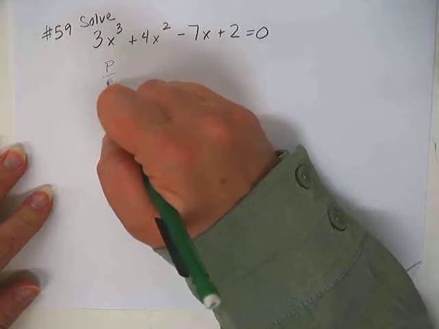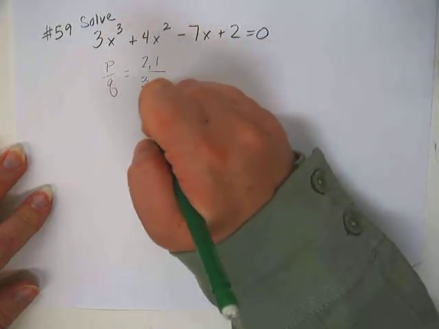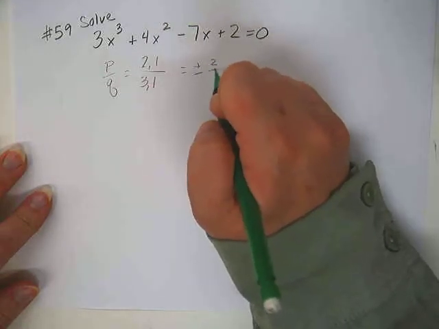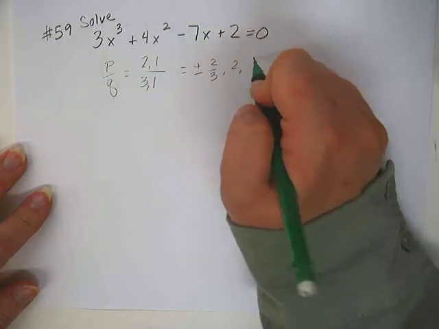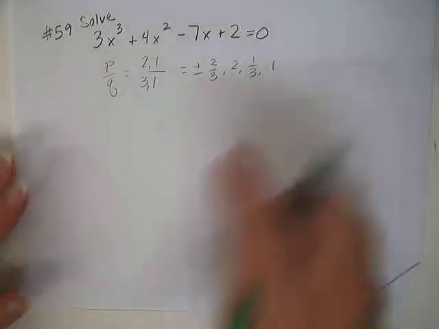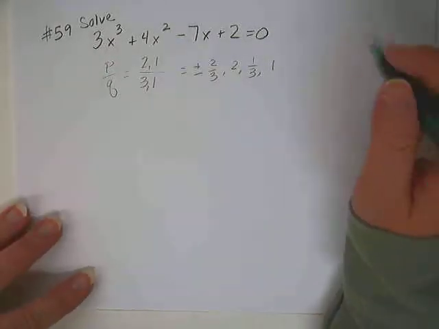Okay? So the first thing I would do is the p over q, which would be factors of 2 over factors of 3, which gives us possibilities of 2/3, 2, 1/3, and 1. So that's only 8 possibilities to try using synthetic division with.